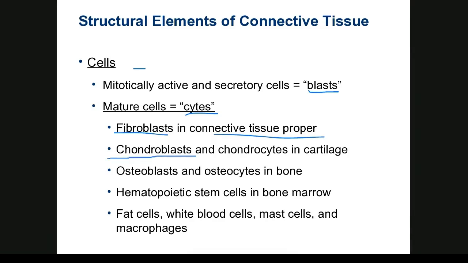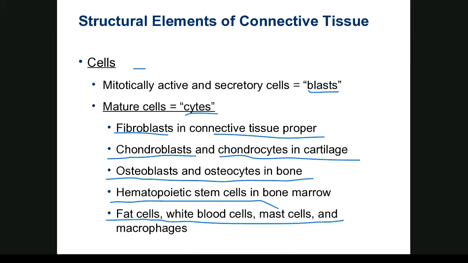Chondroblasts and chondrocytes are in cartilage. Osteoblasts and osteocytes are in bone. Hematopoietic stem cells are in bone marrow, and they make blood cells. And then we have fat cells, white blood cells, mast cells, and macrophages also in connective tissue.